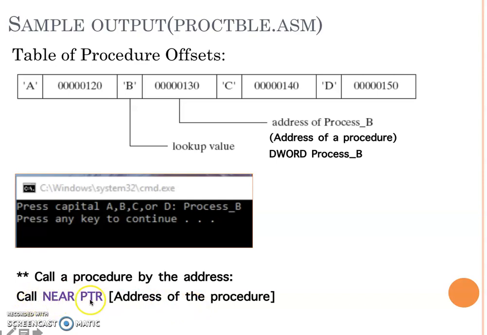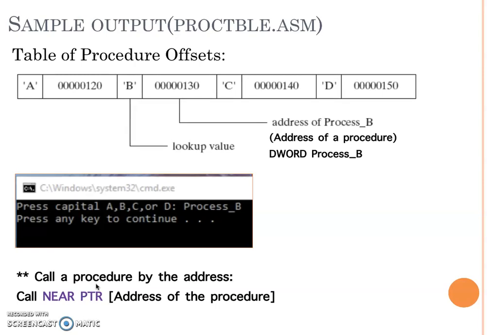Instead we use another PTR, a pointer called NEAR PTR. The near pointer converts this offset, because remember this is only the address of the procedure, into the real procedure we want to call.